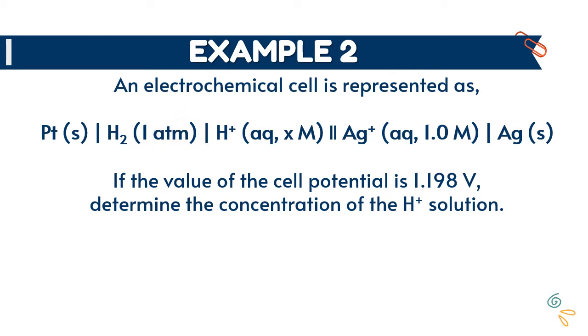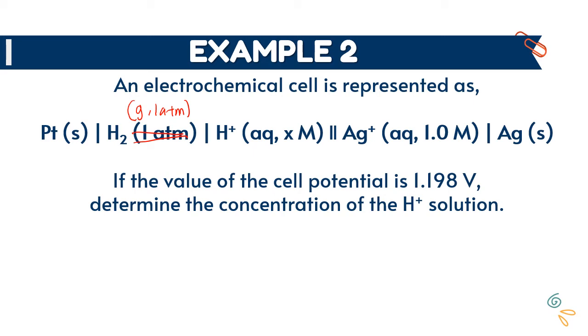Before I forget, please correct your equation. It's supposed to be gas 1 atm over here. I forgot to put the phase, so please correct the question in your notes. Then H plus aqueous X molar, salt bridge, Ag plus aqueous 1 molar, and Ag solid.